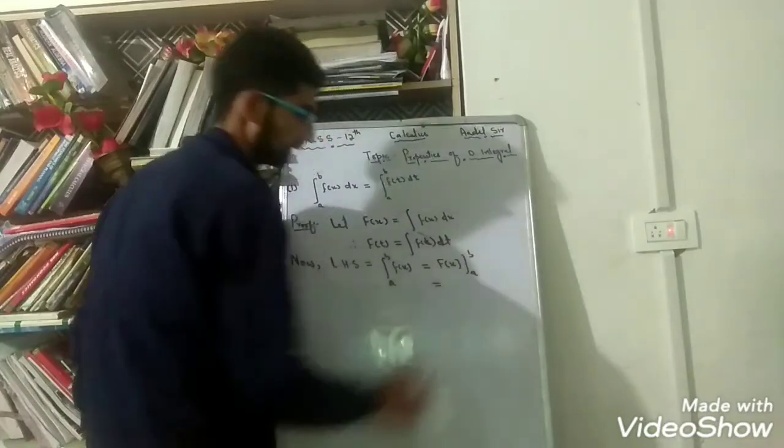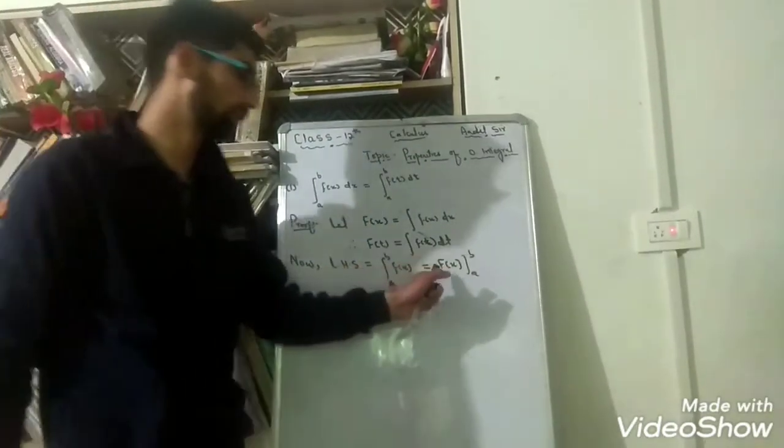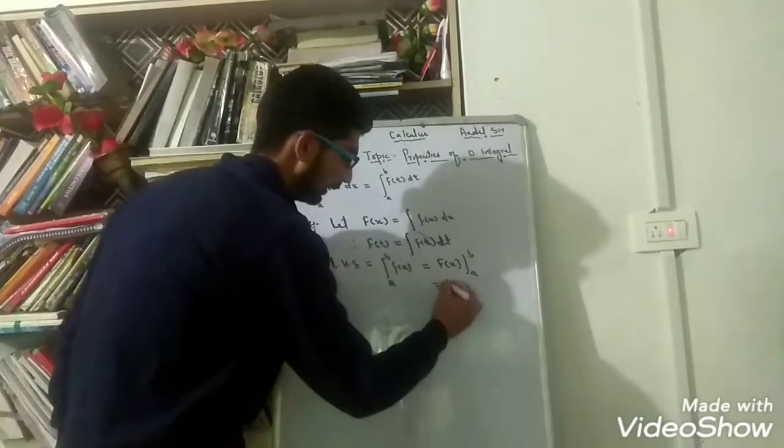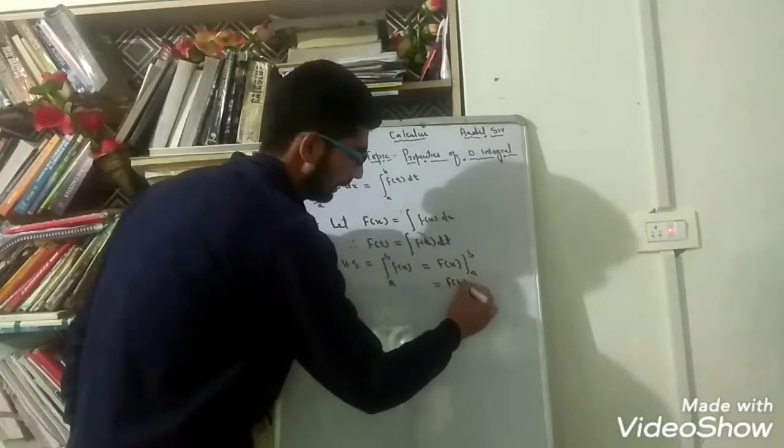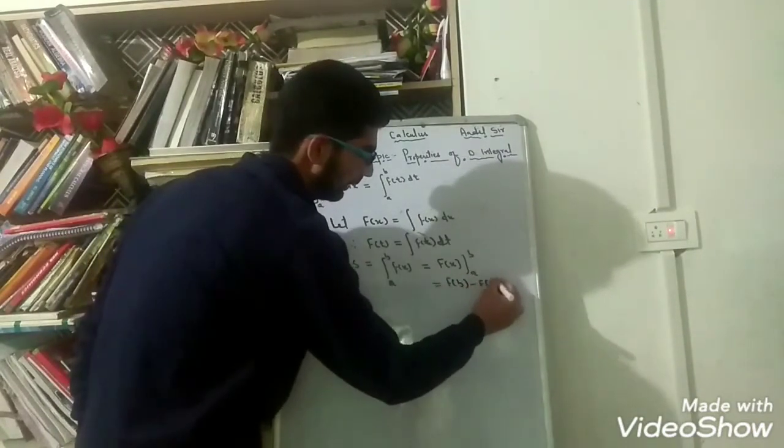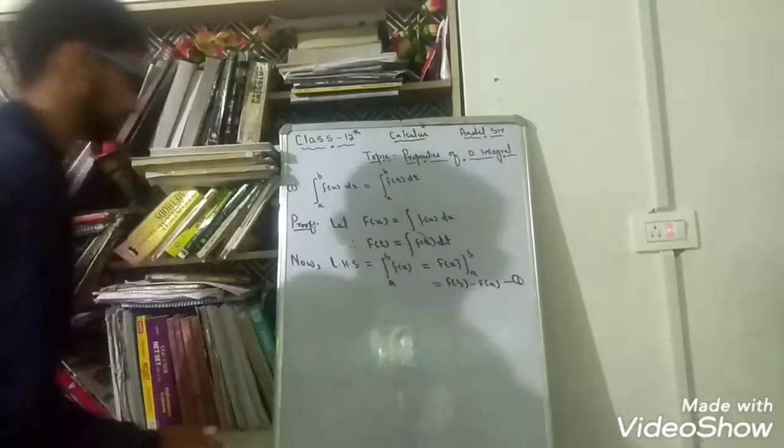And by the fundamental theorem of integral calculus, we know this is equal to F of b minus F of a. This is our first equation.